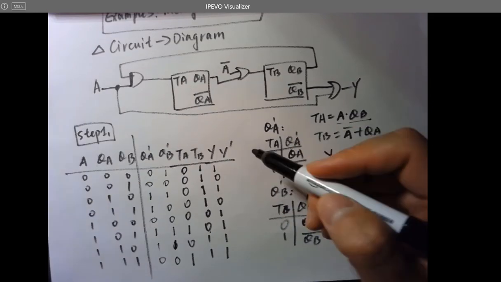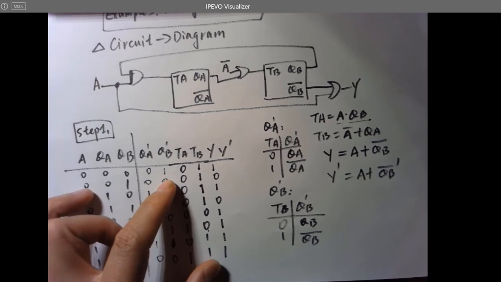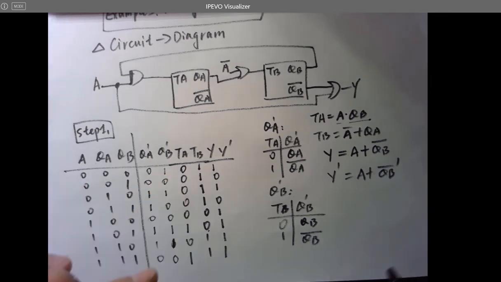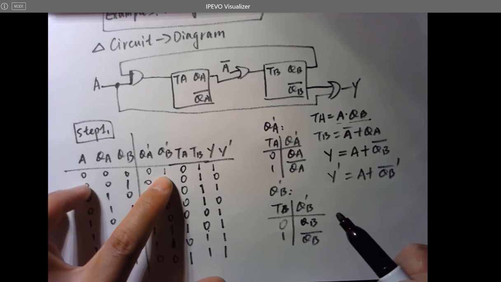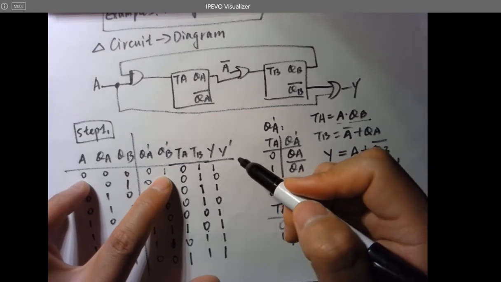Y prime will be A or QB next state. A or QB not. So A or QB not.